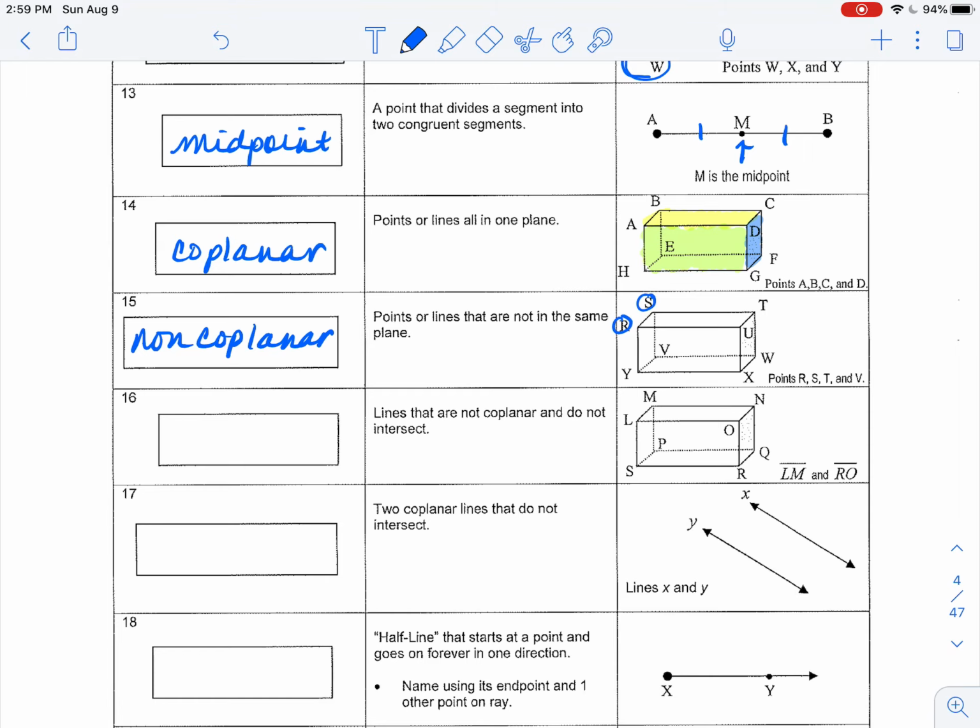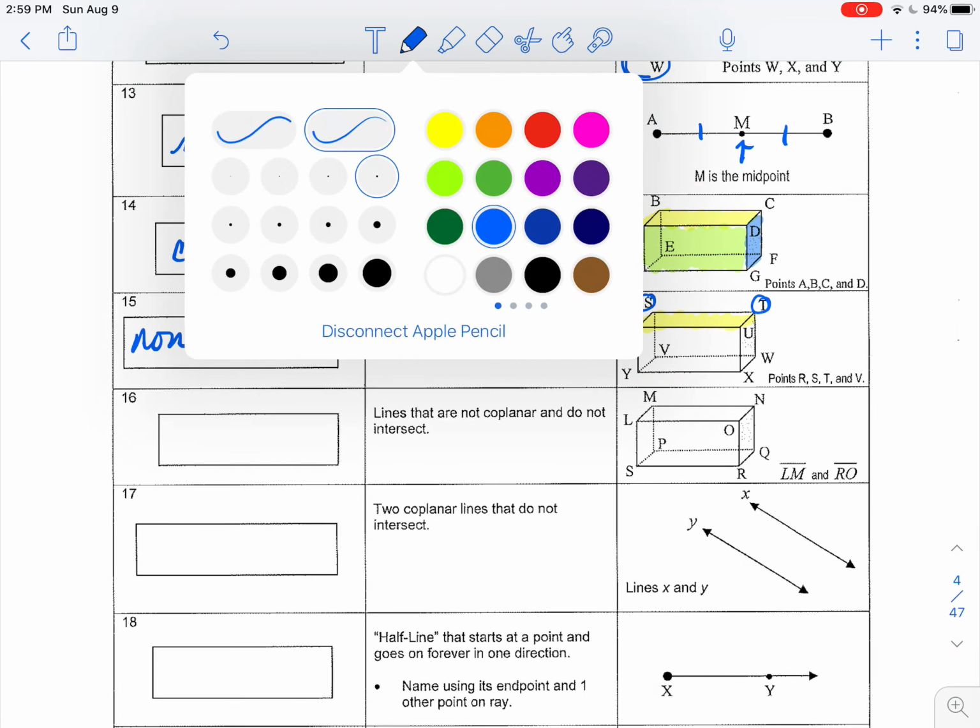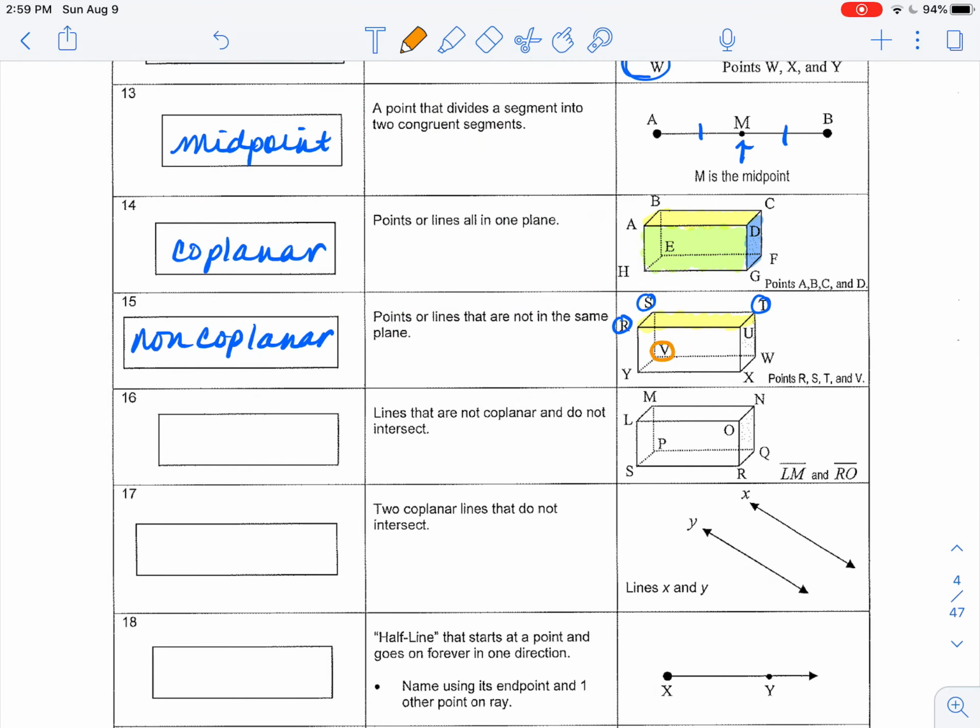Points R, S, T happen to be on the same plane at the top, but then we have point V, which is in this bottom corner over here. It is not coplanar with those other 3. Now we could say that V, S, and T are coplanar. They could be on that back plane, or the back of the box.